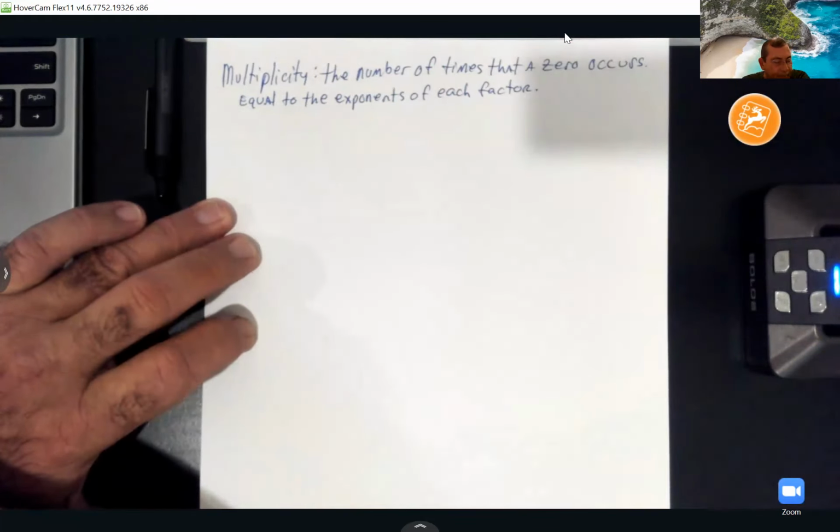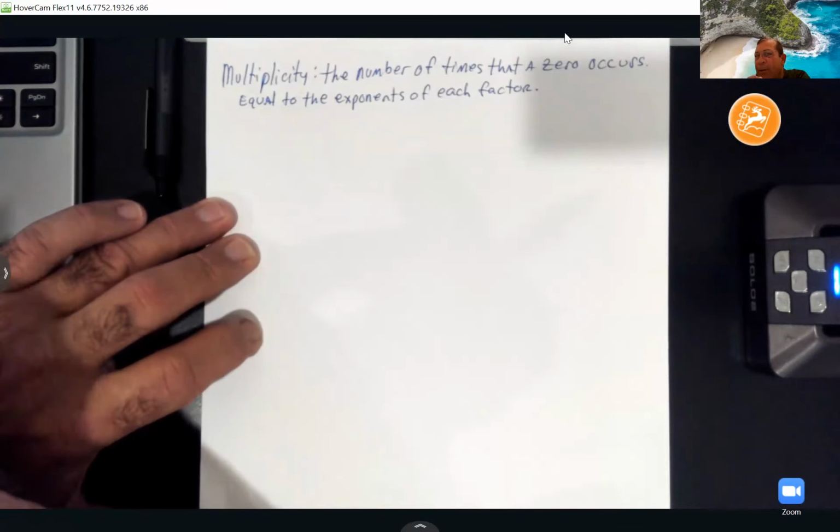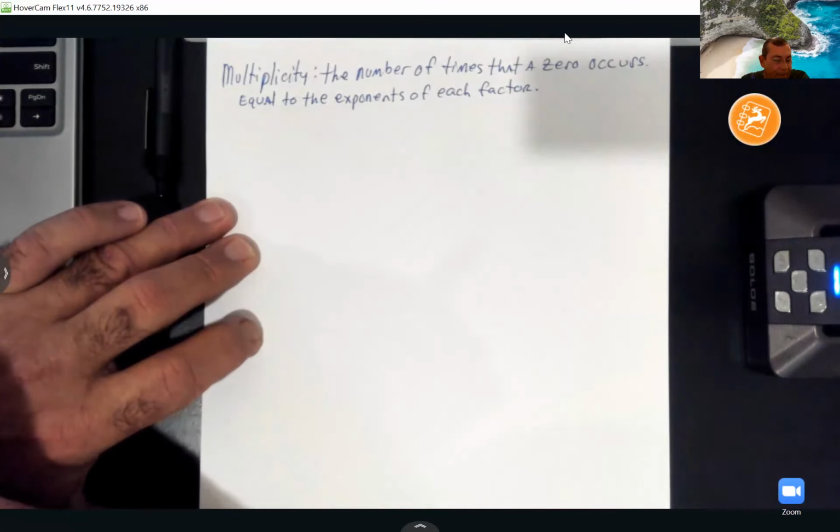Okay. Now, a couple more things these multiplicities tell me.